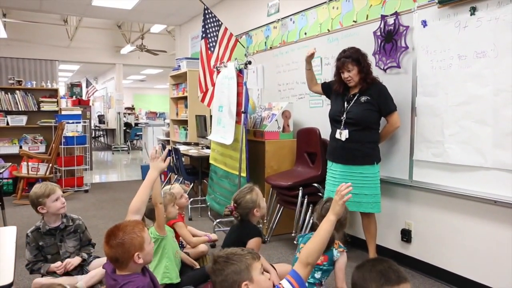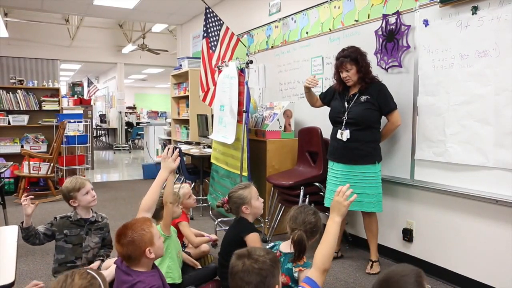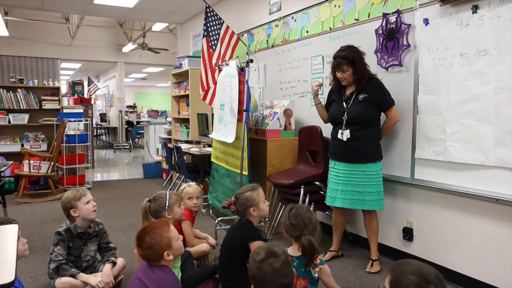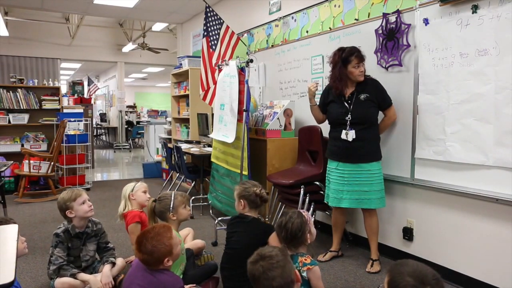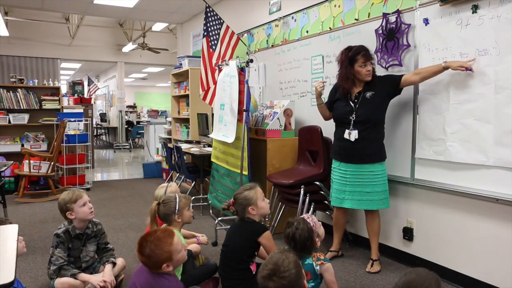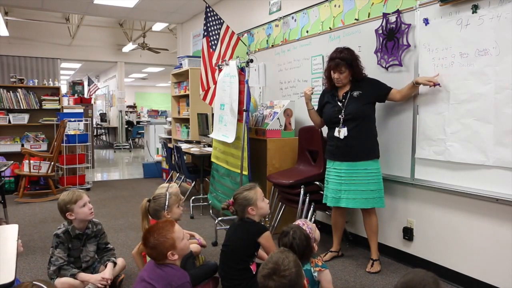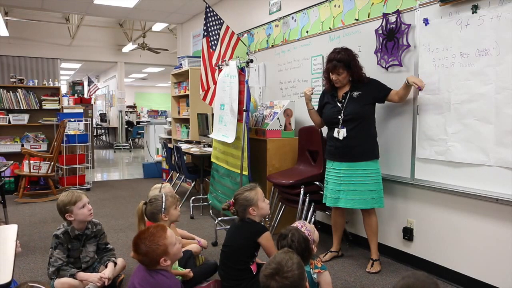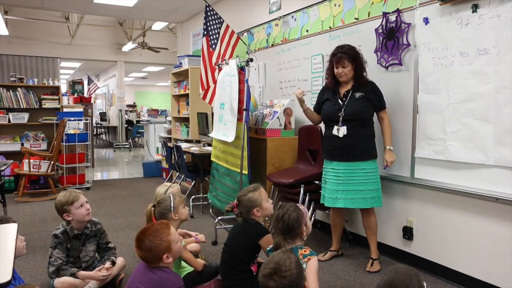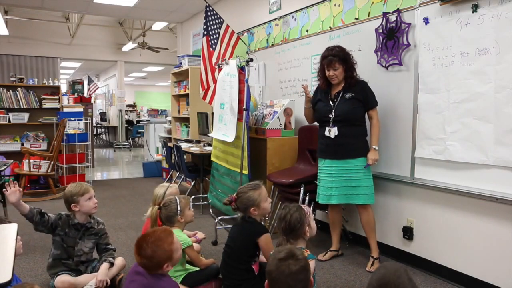I need a volunteer to share out the steps that Sky took to get to her answer today. Savannah? She did 5 plus 4 equaled 9, and that was a basic fact. Then she did doubles plus 1. And then she put 9 plus 9 equals 18, and that was a doubles fact. Okay, nicely said.